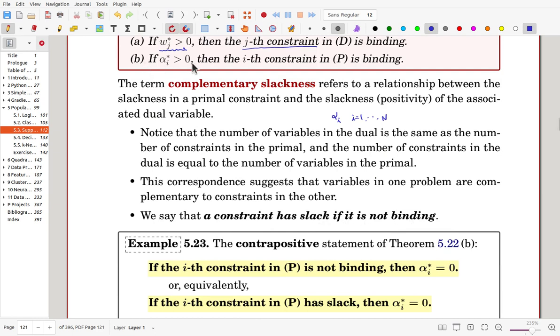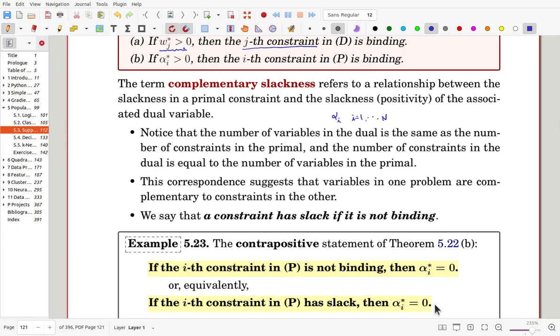For the second sentence, we consider a contrapositive statement. If it is not true, then not that one. So if the ith constraint in P is not binding, then alpha star is 0. Or equivalently, if the ith constraint in the primal has slack, then alpha equals 0.